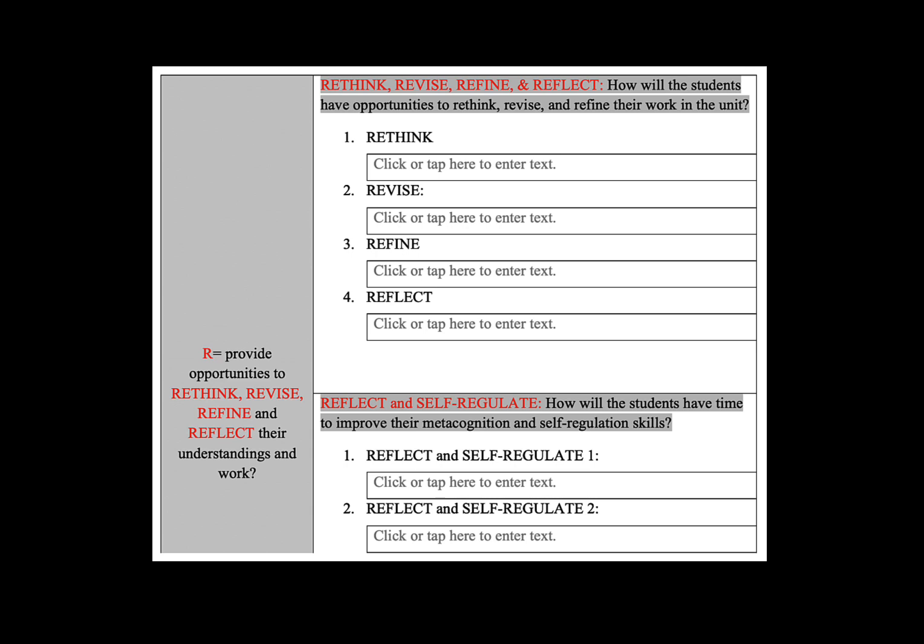When completing this section, the designer will consider and identify how the students will continue to reflect and also self-regulate to improve their metacognition and self-regulation skills. Confirm that students know how to evaluate their products and presentations to skillfully reflect and self-evaluate their work.